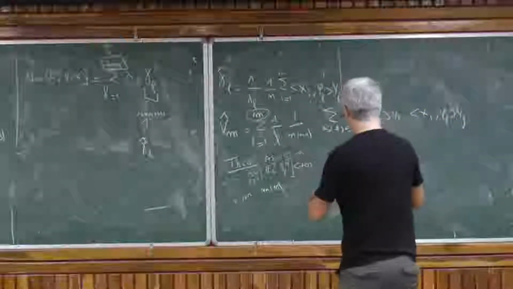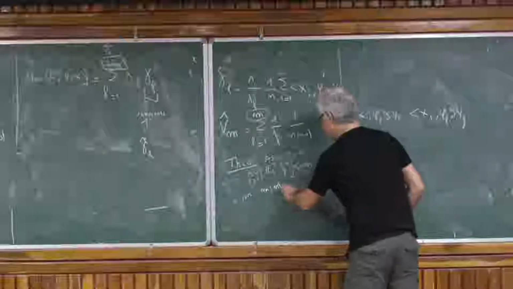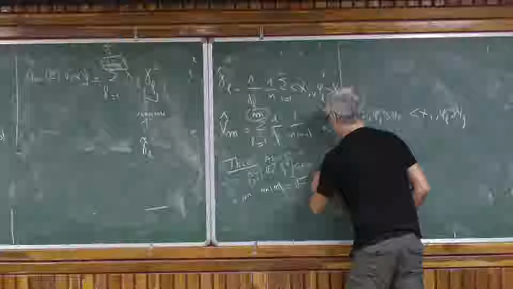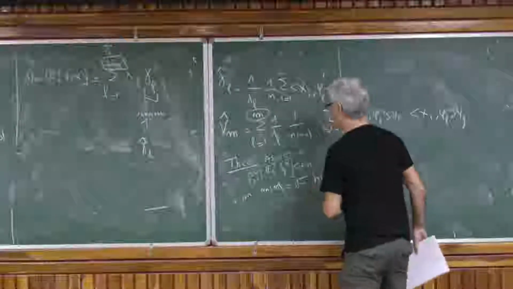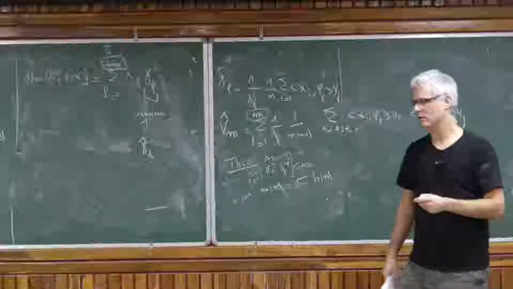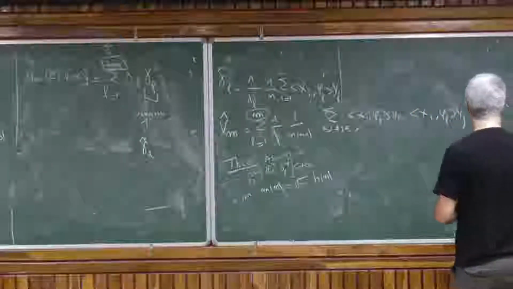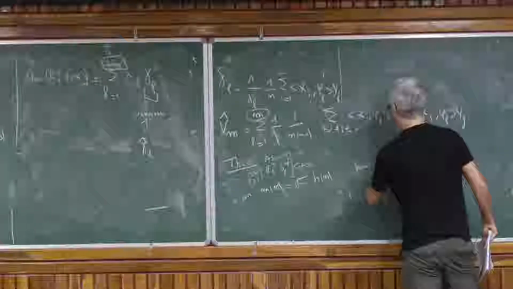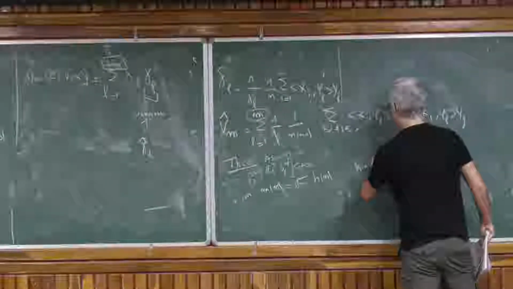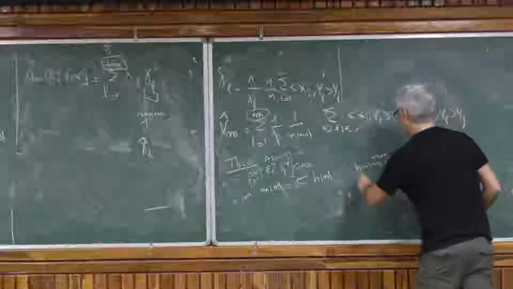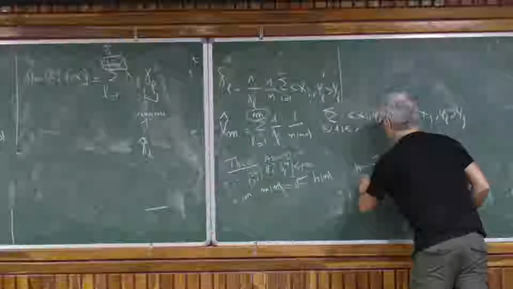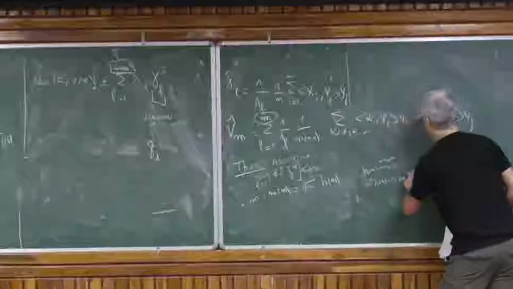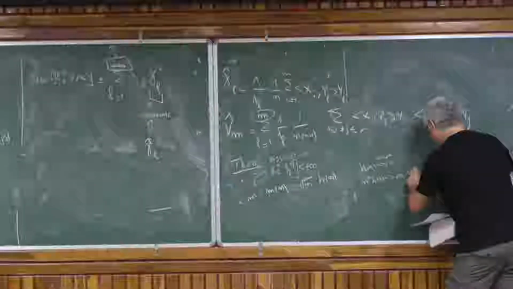You could take any m of the form square root of n times a certain function hn, and hn should satisfy that hn goes to 0 while n goes to infinity, and alpha n hn goes to infinity for any positive alpha.